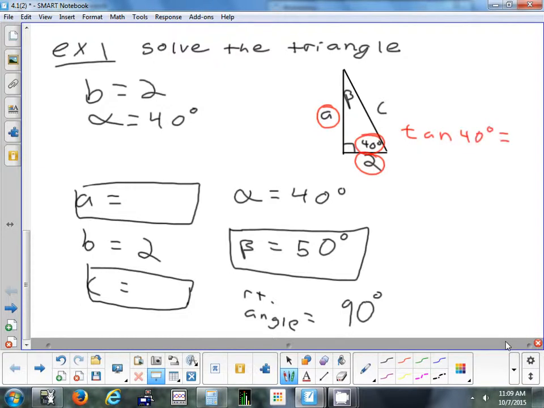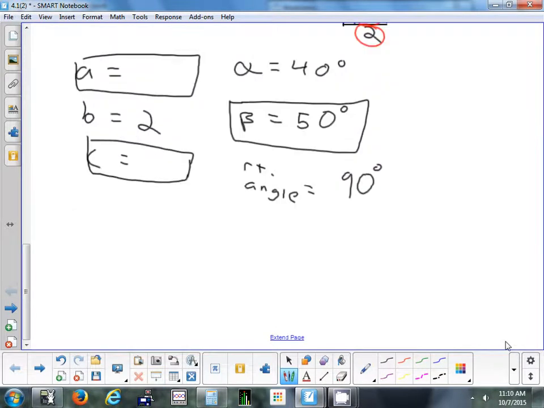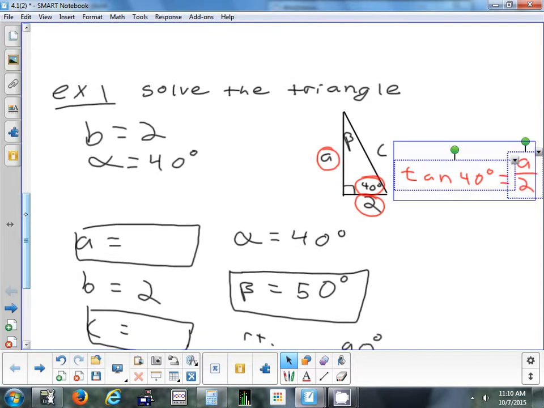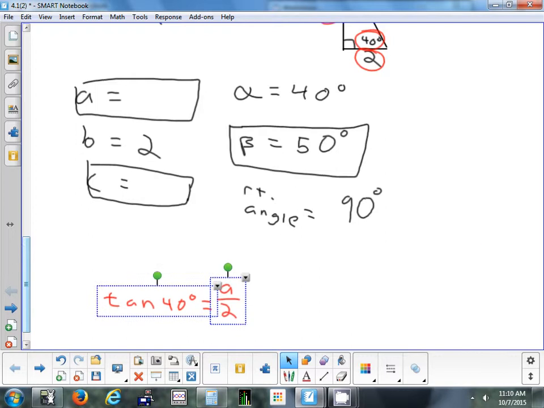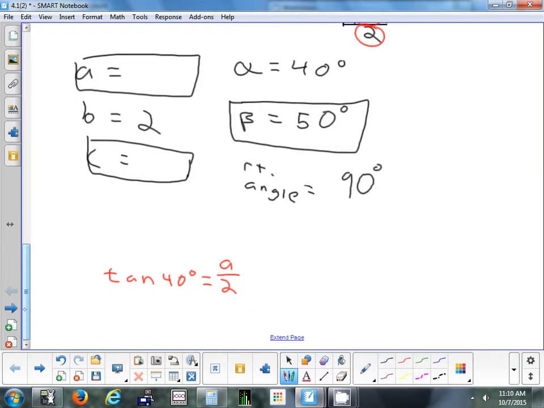So what you do is you write tangent of your angle, tangent of 40, equals opposite, just like what we did yesterday, over adjacent. Now my last step, I want to get A by itself.